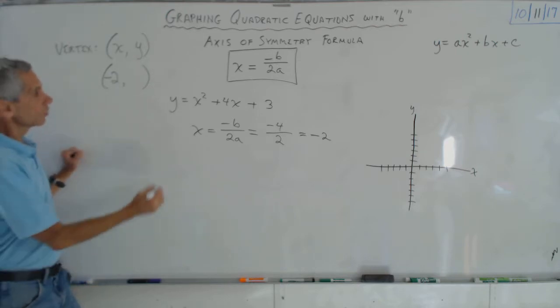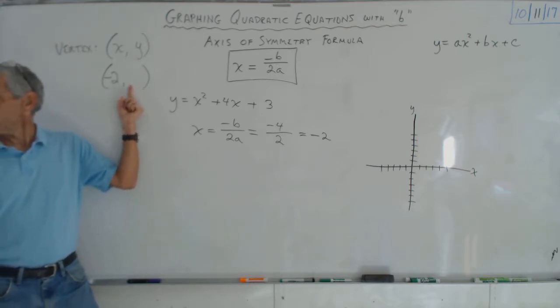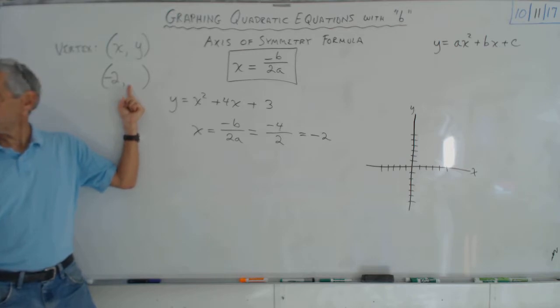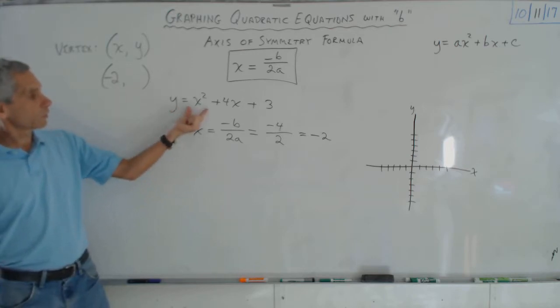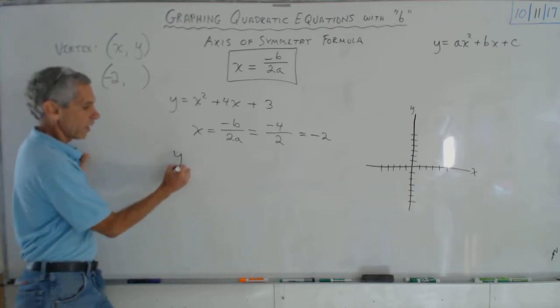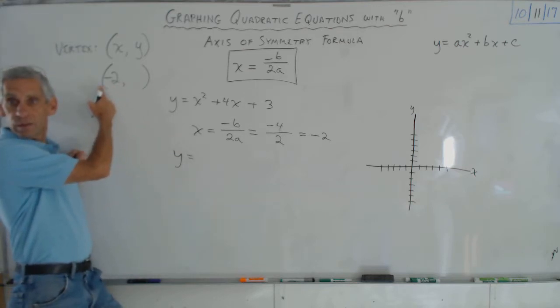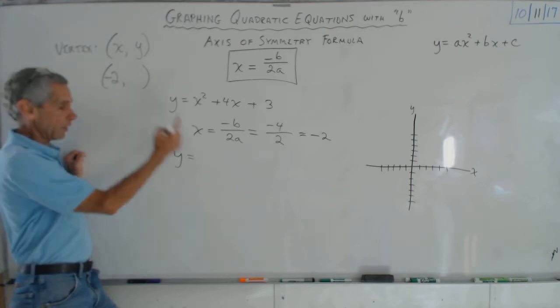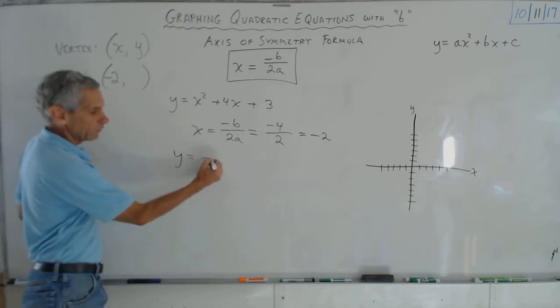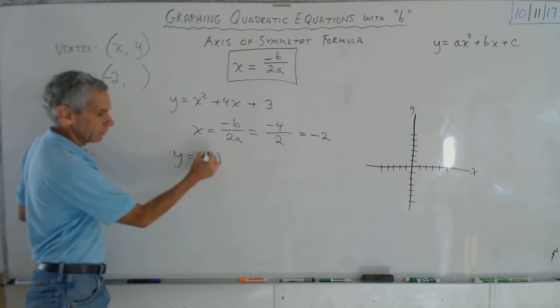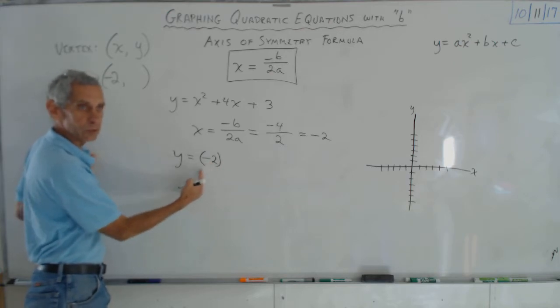All right, so now what do I have to do? You have to find out what y is. How do I do that? By plugging it into the original equation, right? So here we go. Y is equal to, now, the only thing is, you see how it's negative? x is -2, right? I'm going to put -2 in parentheses. The parentheses are crucial.